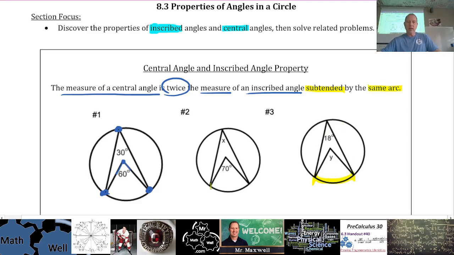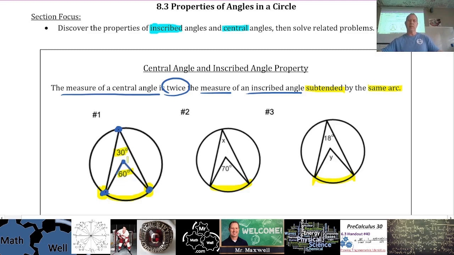So this is an arc, that's an arc, and we talked about minor arcs and major arcs, right? So if the central angle and an inscribed angle, where this point is anywhere on the circle, subtend the exact same arc, then the inscribed angle is half of the central angle.